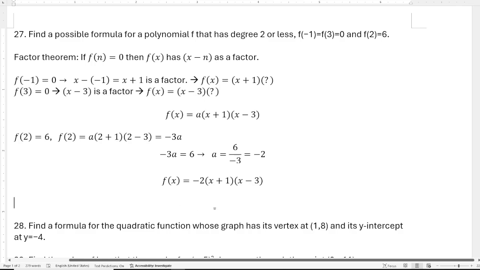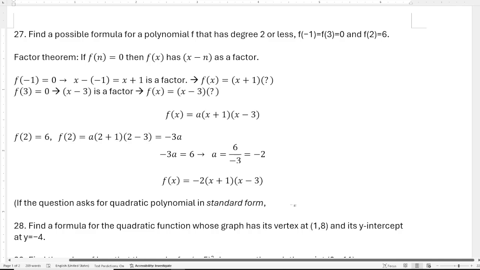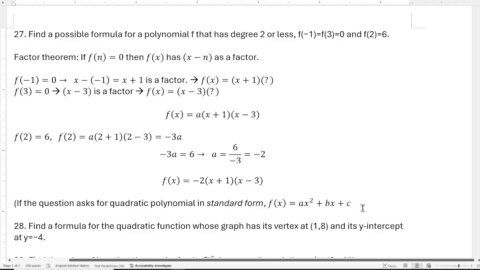However, if the question asks for a quadratic polynomial in standard form, so what's the standard form? Standard form is when you have f of x equals ax squared plus bx plus c. That's what the standard form is.